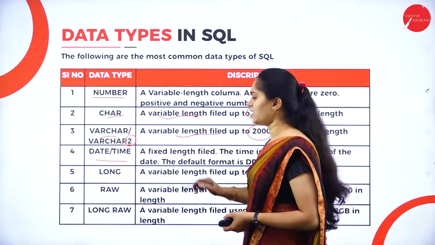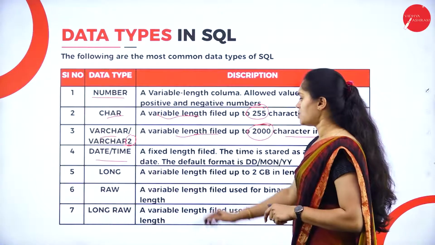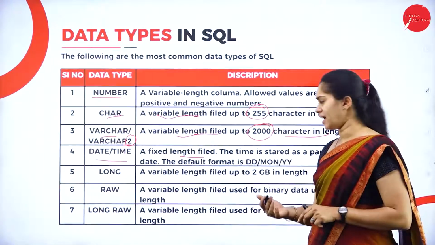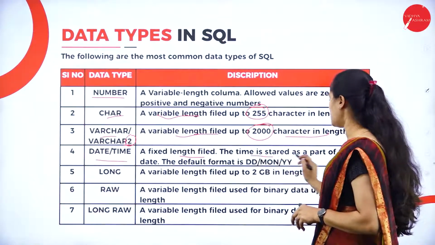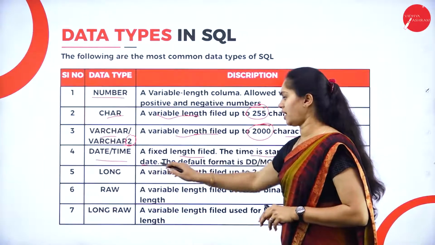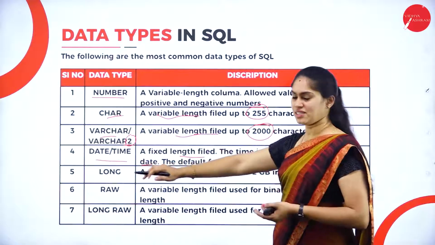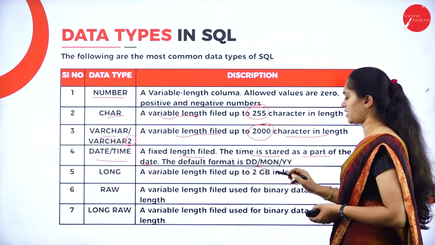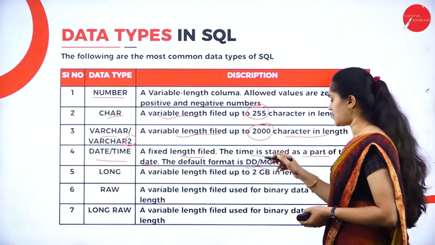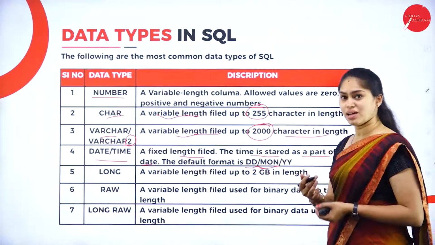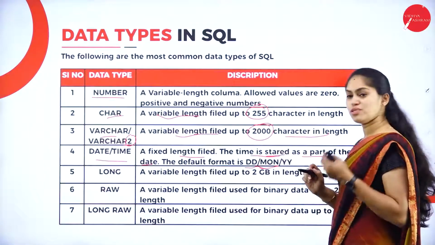And also we have the DATE data type in SQL. It is fixed length, and the time is also stored as part of the date. Here also we have a default date format used by the system, that is DD slash month. When you are using a month, as I told earlier, you have to use 3 characters.